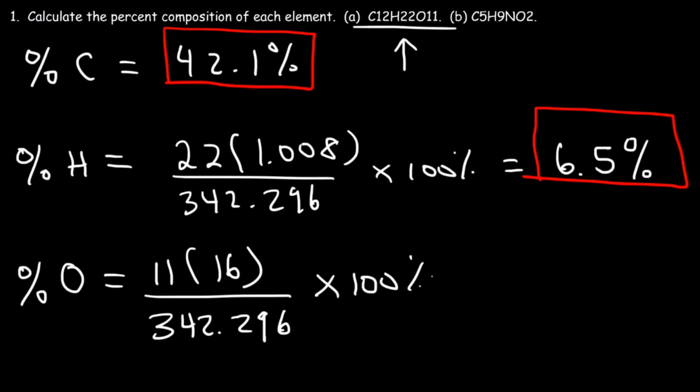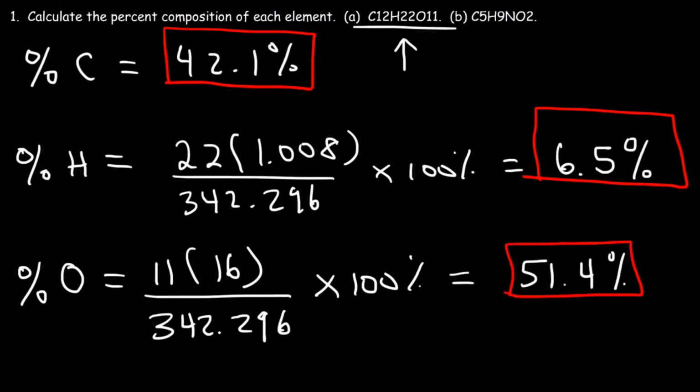And then divided by the molar mass and multiplied by 100, you should get 51.4. So that's the percent by mass of oxygen. Now if you add up 51.4, 42.1, and 6.5, this will give you 100%. That's how you can tell if you did everything correctly.